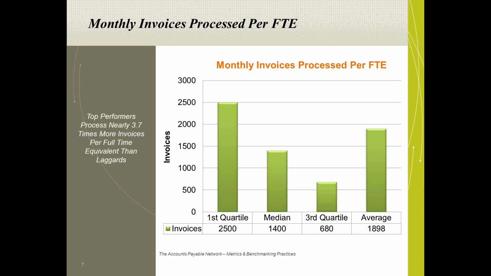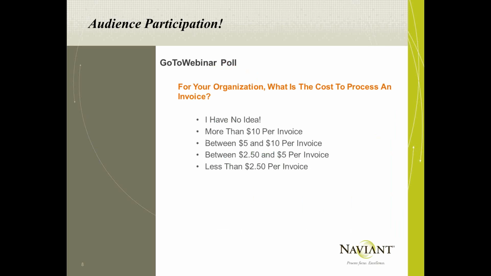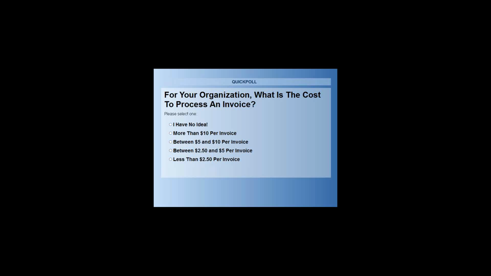If you're in the middle of the pack, that median range, about 1,400 invoices per month. If you're in the laggard category, or that third quartile, about 680 invoices on a monthly basis per FTE. So you can see that world-class organizations, best-in-class, can process nearly 3.7 times as many invoices per FTE versus those laggards. One more quick poll that I'm going to pop up here.